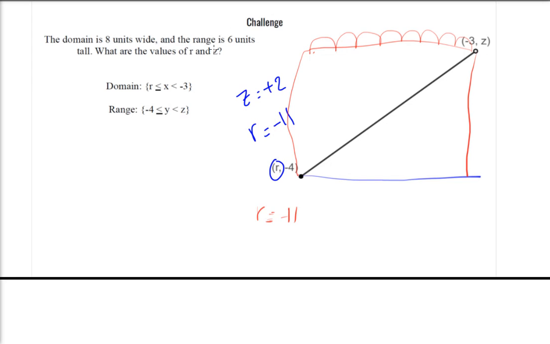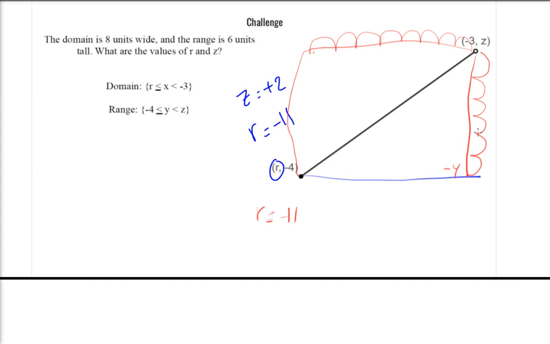Same thing for the range. So the domain is 8, the range is 6. This lowest point here is -4, so we've got to go up now. If this is -4 and the range is 6 units away, so 1, 2, 3, 4, 5, 6, we're going to go up.